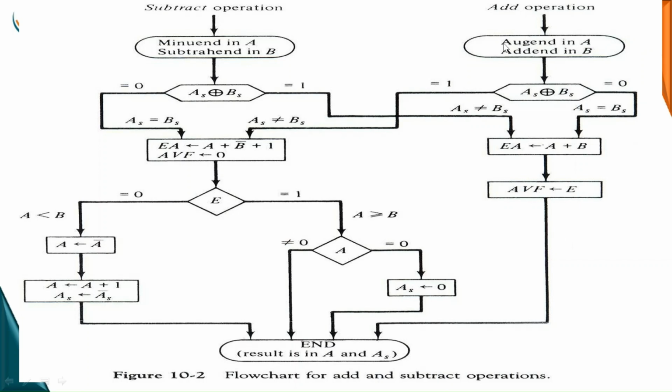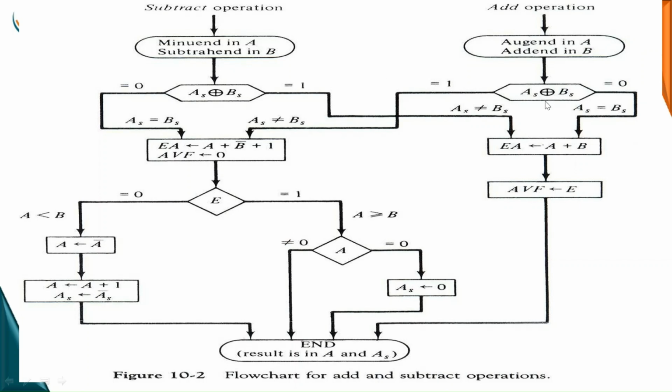I have an addition operation where my augend is stored in A and the addend is stored in B. I have to first check the signs of A and B. AS and BS represent the signs, where A and B represent the magnitudes. The two signs are compared using an exclusive OR operation. On the subtraction side also, the minuend will be in A and the subtrahend will be in B, and the signs of both the minuend and subtrahend will be stored in AS and BS respectively.